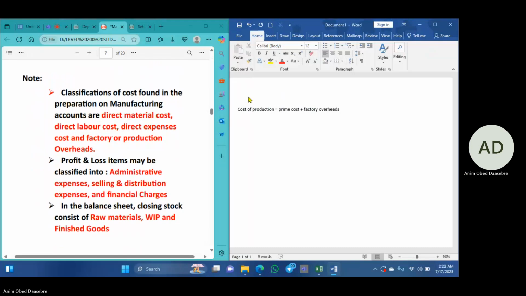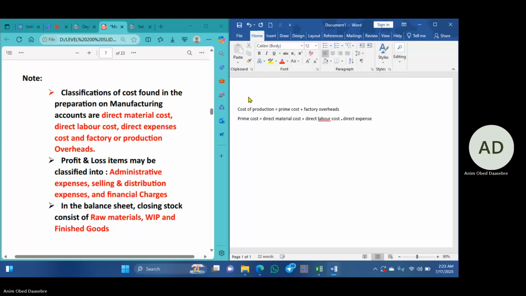But then what is prime cost? Prime cost is also computed mathematically as direct material cost plus direct labor cost plus direct expenses.